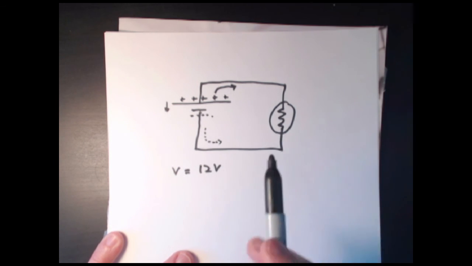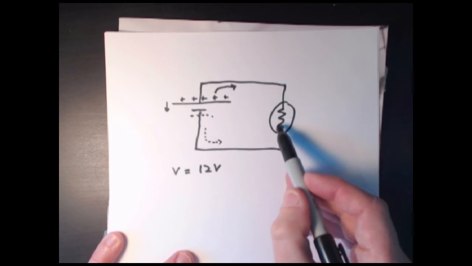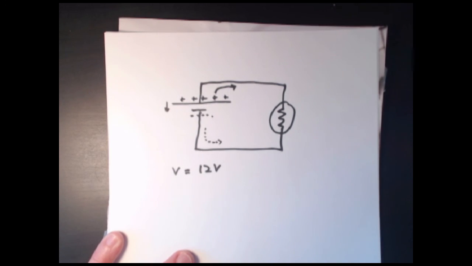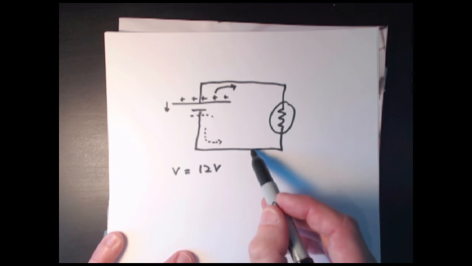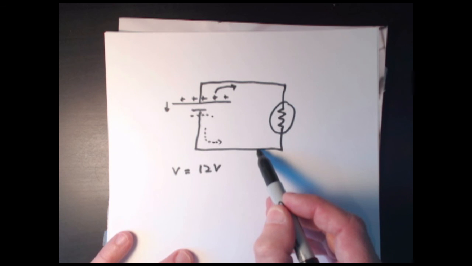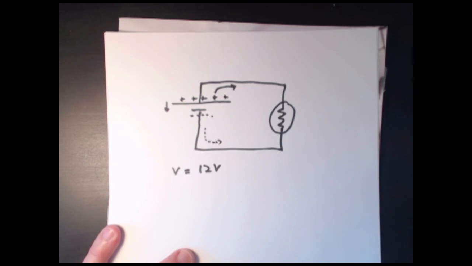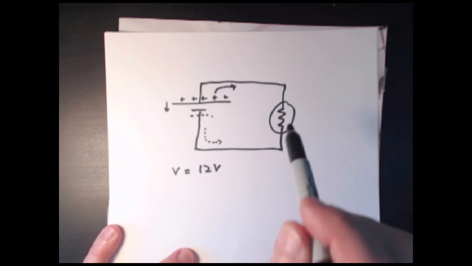So I could think of it as an electrical field being set up in this wire. And if I have a charge here, that charge is going to have some electrical potential energy. Right? So I have a charge in an electrical field. And this is basically what we're doing.